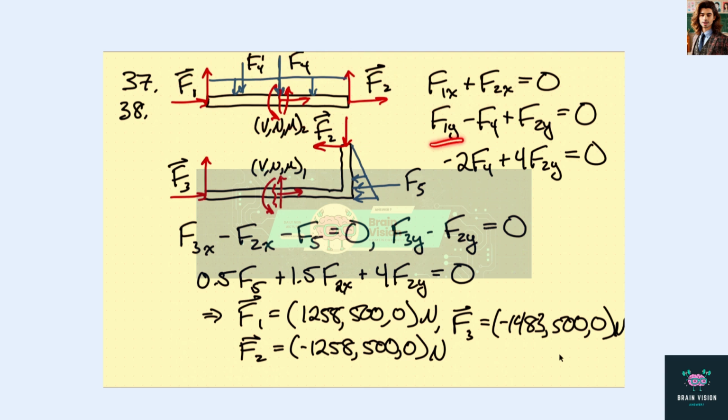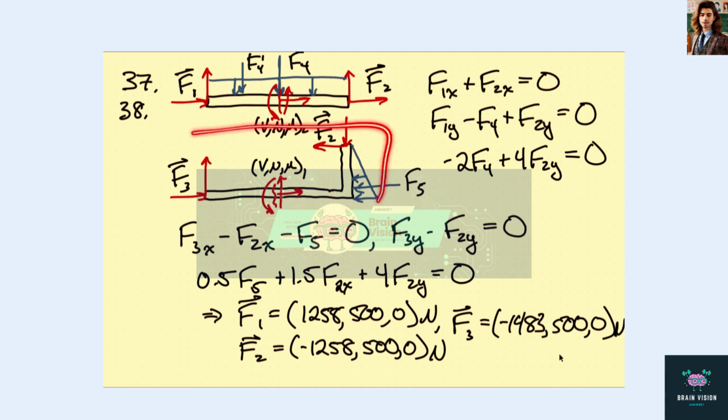We have F1y minus F4 plus F2y equals 0, where F4 is the equivalent point load from this distributed load. Moments, we have minus 2F4, because this distance here is 2 meters, plus 4 F2y, because this distance is 4 meters, equals 0.